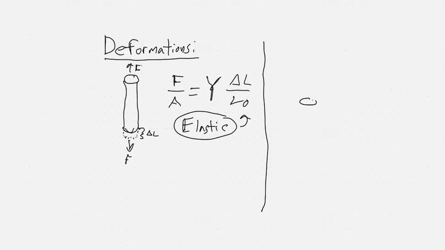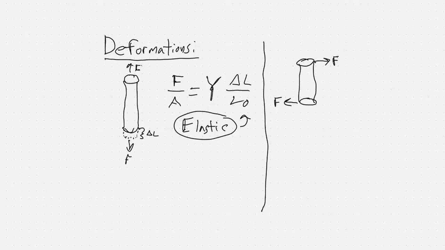But instead of just trying to expand it along a given direction, you can apply a set of forces that tend towards rotation. And this will cause objects to shear. This is a shear stress.